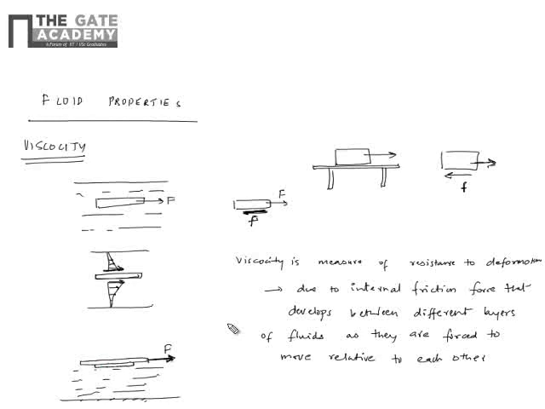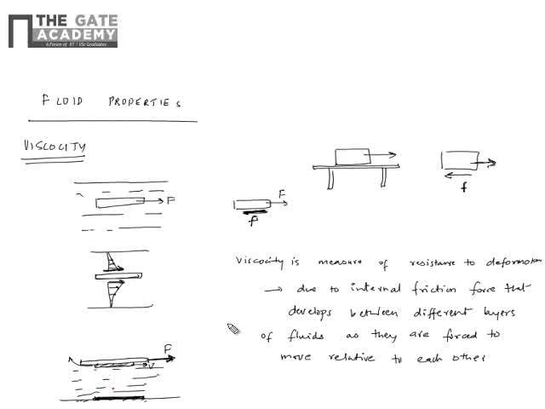The immediate fluid layer in contact with the top plate will move with the velocity v, but on the stationary surface the fluid has to be stationary, because the no slip condition has to exist everywhere. So the fluid in contact with the top plate will move with the velocity of the plate, and the fluid in contact with the bottom stationary surface will be stationary.